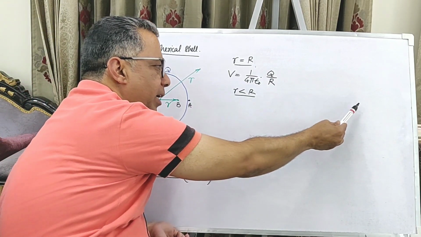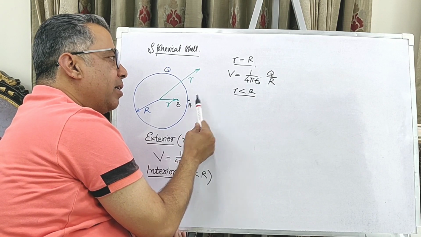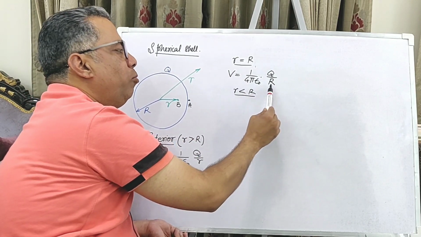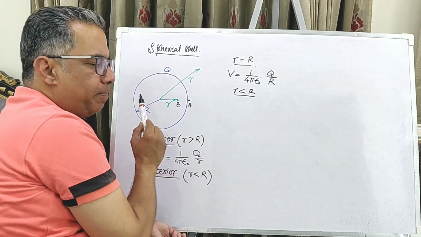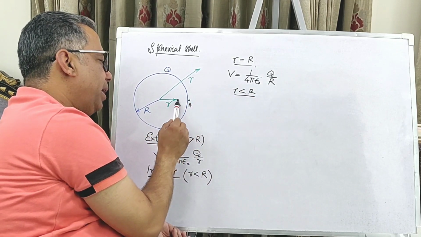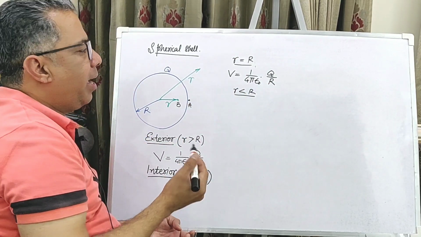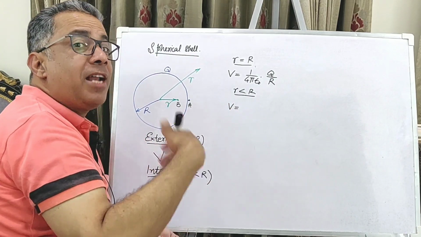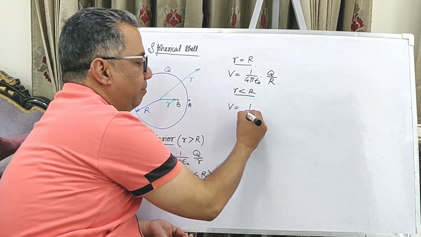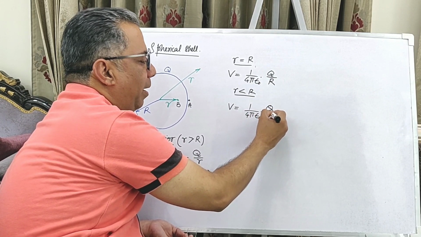So as we bring a unit positive charge from infinity to A, work done on it is minus Q by 4 pi epsilon naught R, and then from A to B no work is done. So from infinity to B, the total work done is negative of this value, and therefore the potential at B will be negative of that work, which is now 1 by 4 pi epsilon naught Q by R.